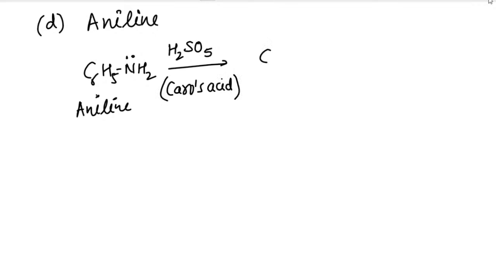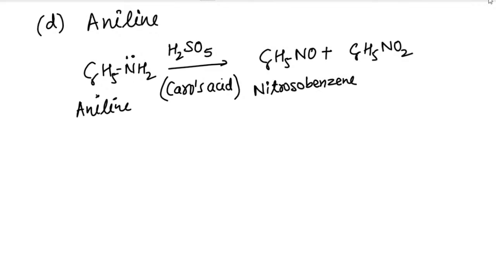So Caro's acid will give nitrosobenzene and nitrobenzene. Okay. Nitrosobenzene and nitrobenzene as the products.